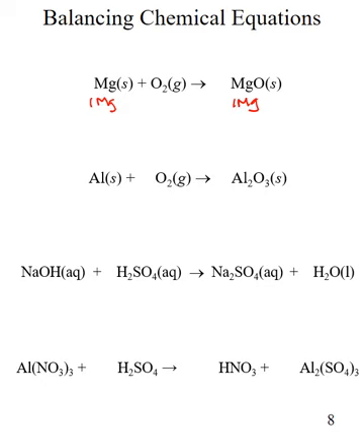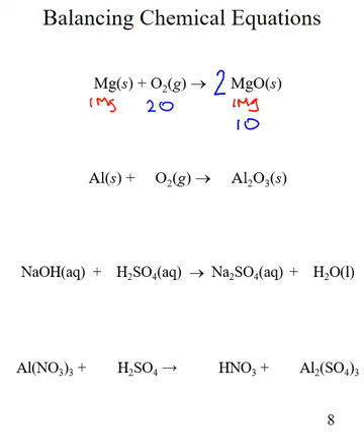Okay, now let's look at our oxygens. How many oxygens are on the left side? 2. How many are on the right side? 1. So obviously that's not balanced, 2 versus 1, so we have to make sure that's balanced. How would we do that? We would have to put a coefficient out in front, so we would put a 2 there.